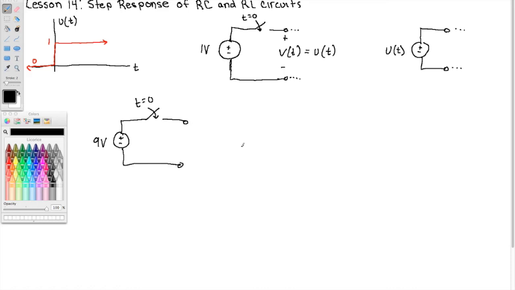Well, that's 9 times the unit step, because now we have a jump of positive 9 units. So that's precisely 9 times the unit step. These two pictures, picture A and picture B, are equivalent. The switch is built into the unit step itself.